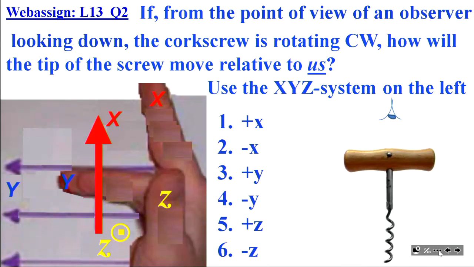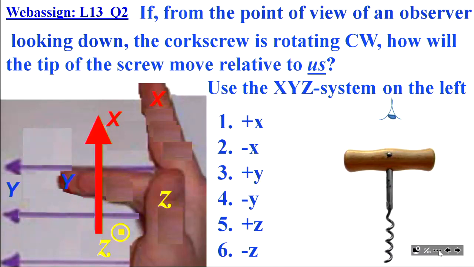So, if you would be looking down, relative to you, this corkscrew moves clockwise. And by doing that, you are simultaneously two persons, one person who's looking down, and a second person who's looking at that person looking down. So that would mean this corkscrew would be moving away from that person, for a person who is looking at that person.